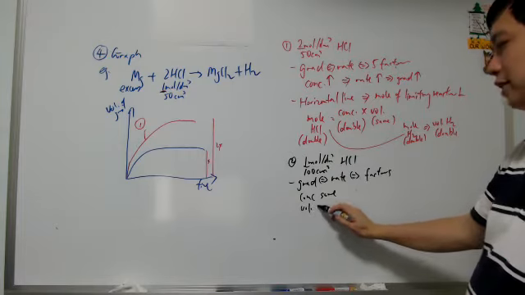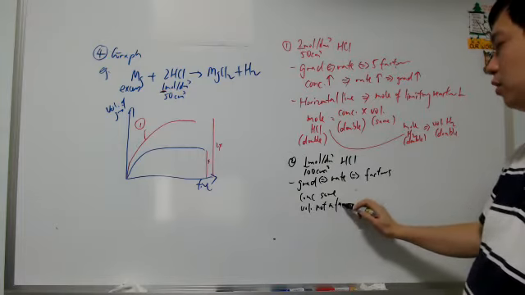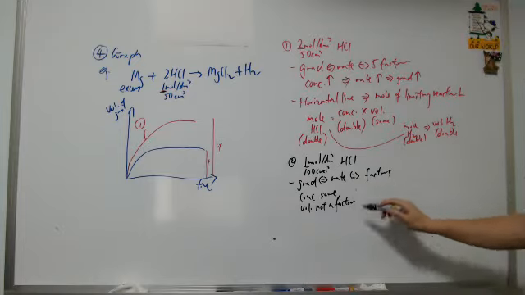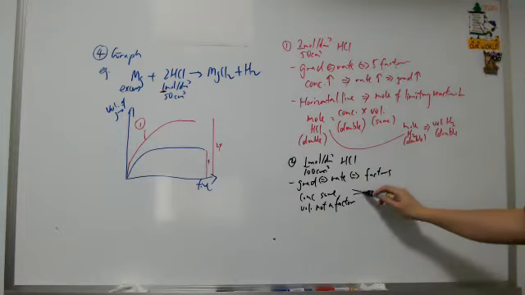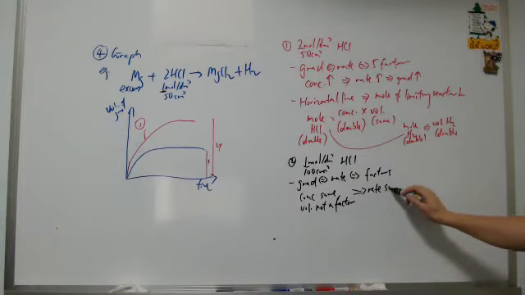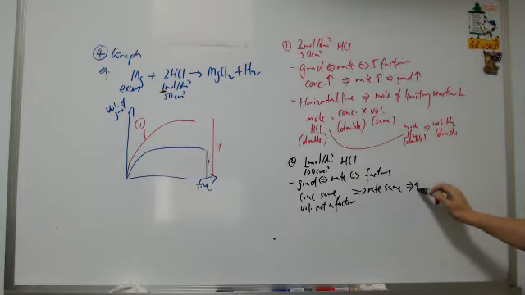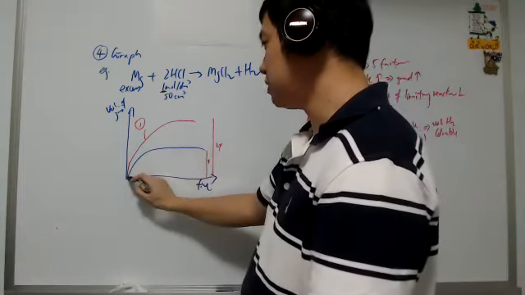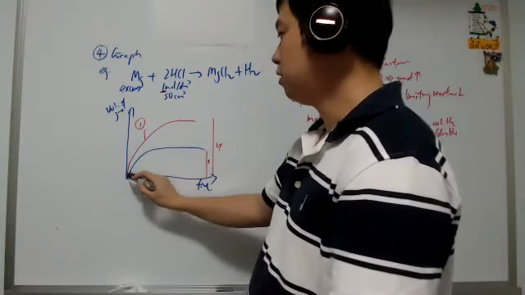Volume is not one of the 5 factors that affect the rate. So since concentration is the same and volume is not a factor, the rate will be the same. If the rate is the same, the gradient will be the same as the original graph. The original graph is the blue one, so the gradient for this, the red one, is also the same.